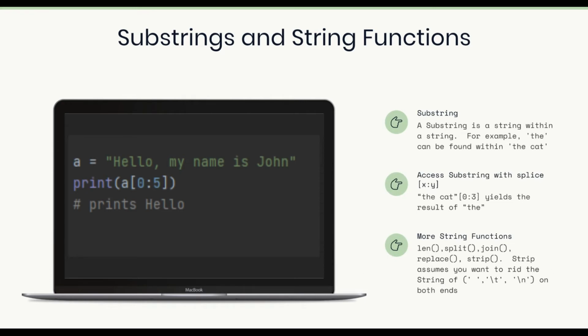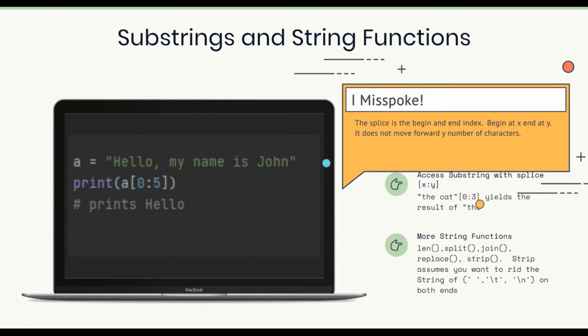Substrings and string functions. What is a substring? A substring is a string within a string. For example, the word the can be found within the phrase the cat. So the word the is a substring of the string the cat. We can access a substring with the slice method, which is brackets with x colon y. So the cat with brackets 0 colon 3 yields the result the, because we're starting at position 0 and we're going forward 3 spaces.